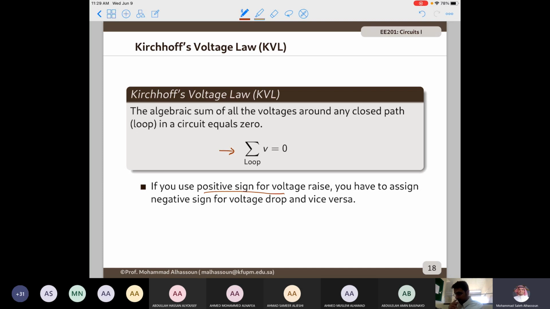Here, think about it this way. Remember, voltage is a potential difference, so think about it in terms of height.